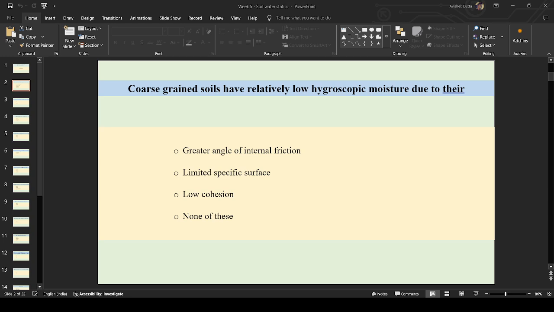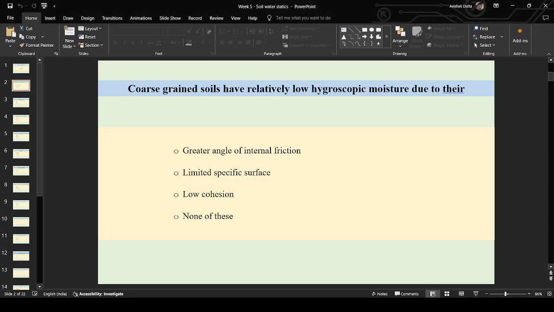Your options are: first option, greater angle of internal friction; second option, limited specific surface; third option, low cohesion; and fourth option, none of these.